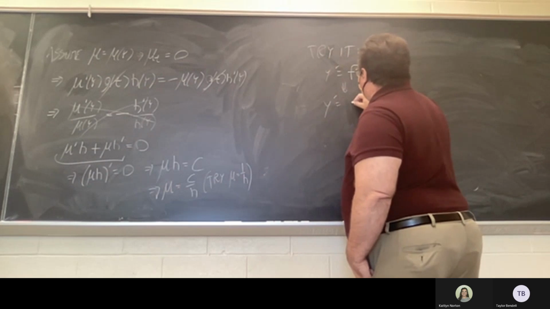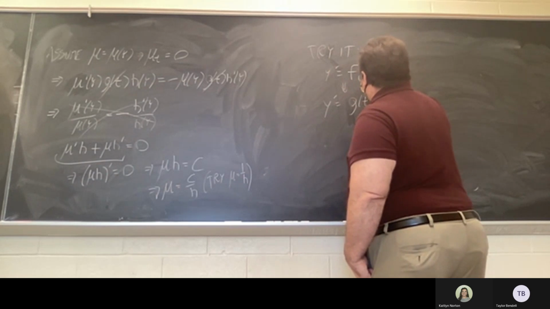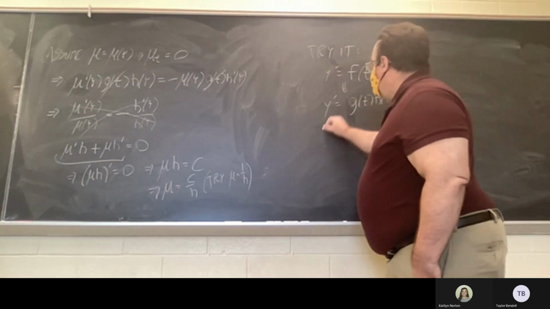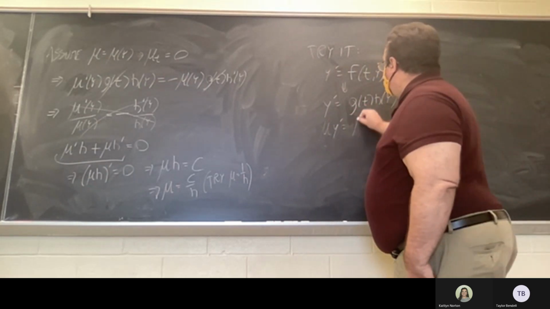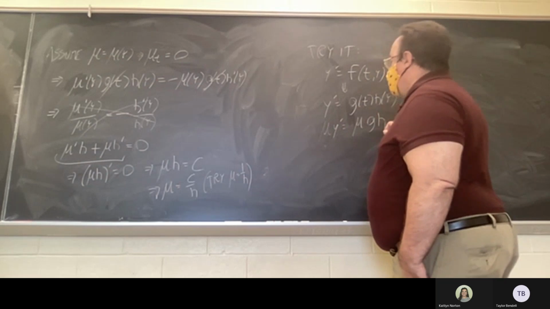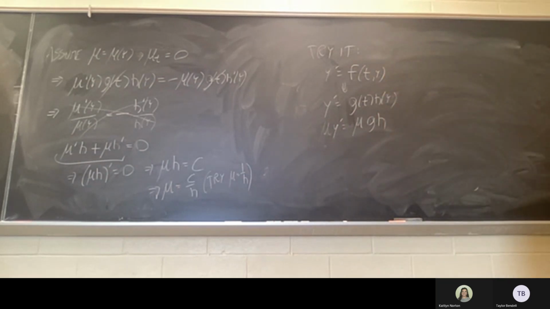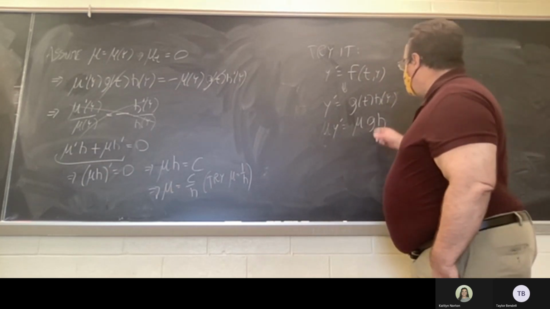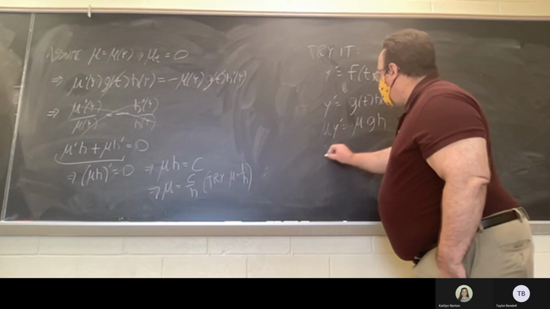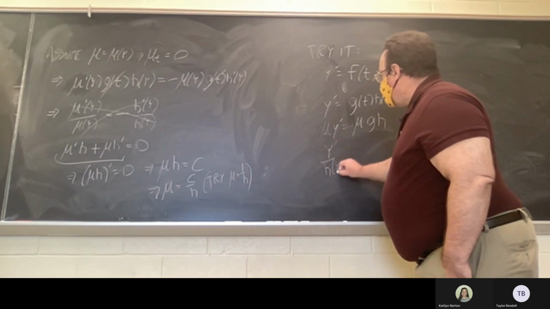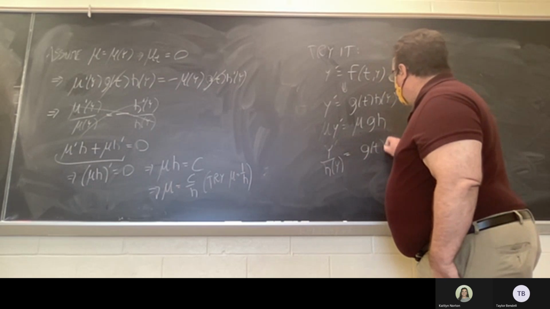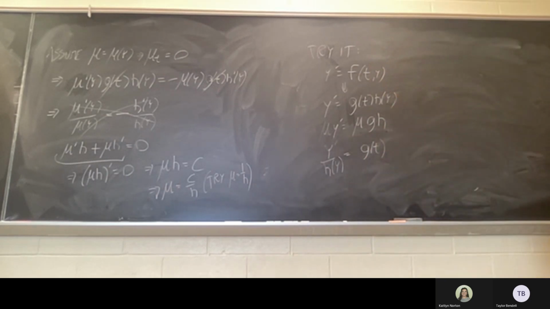If you don't know what f is, y prime is equal to g of t h of y. But then mu y prime is equal to mu g h. But mu is equal to 1 over h, so the h's cancel. So now I have y prime over h of y is equal to g of t.